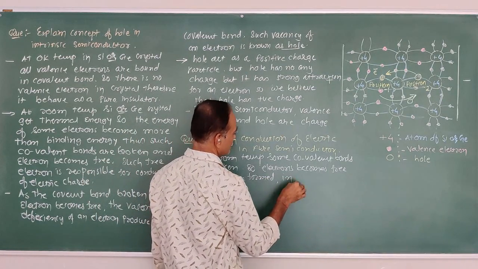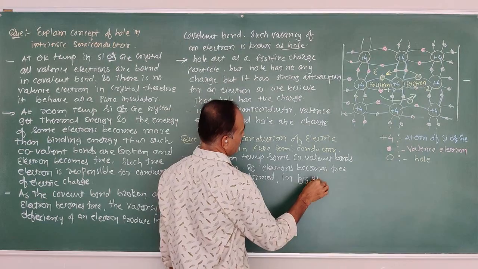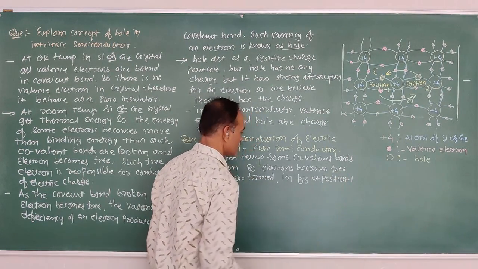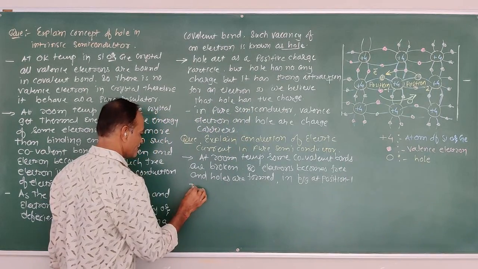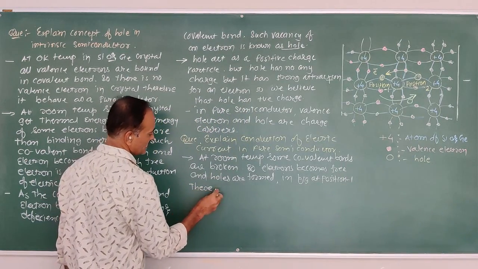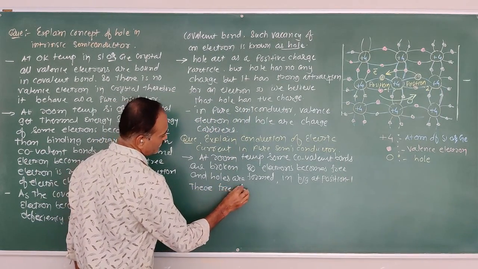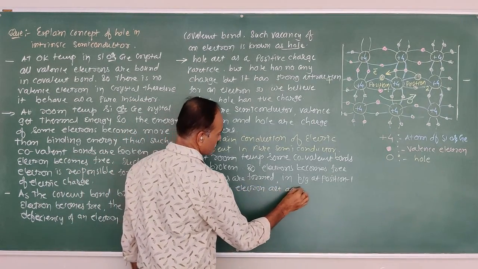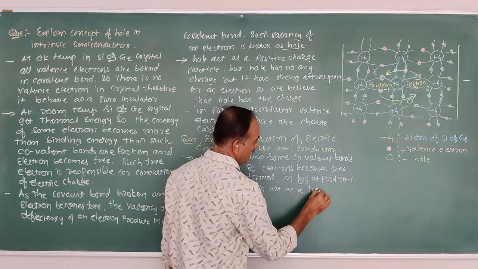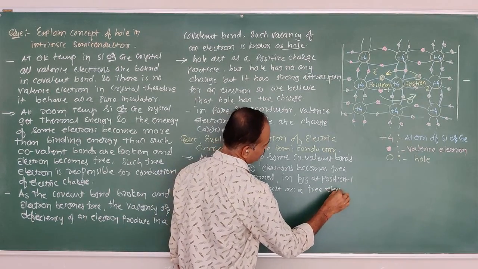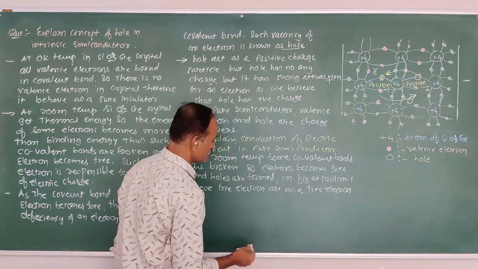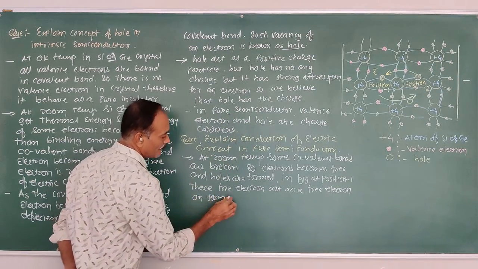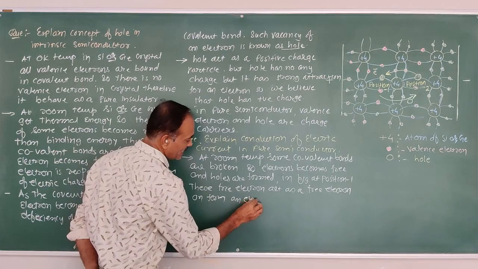In the figure at position 1, this free electron acts as a free electron and forms an electric current IE.